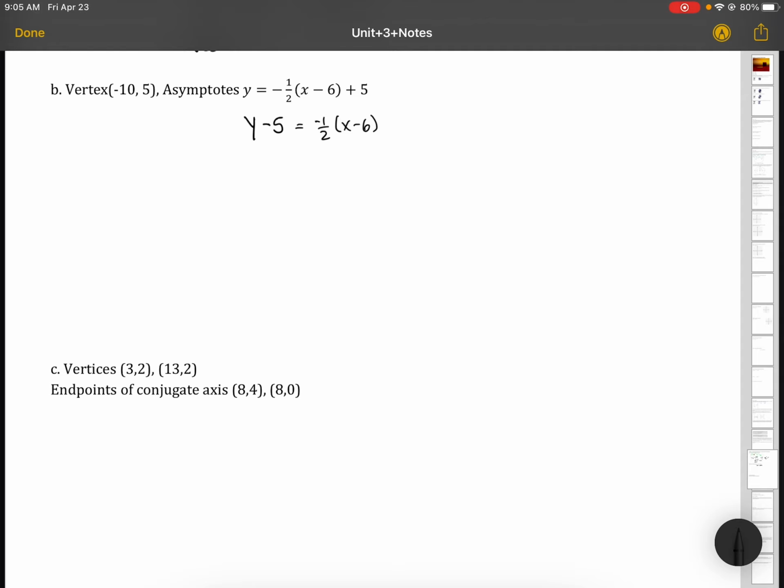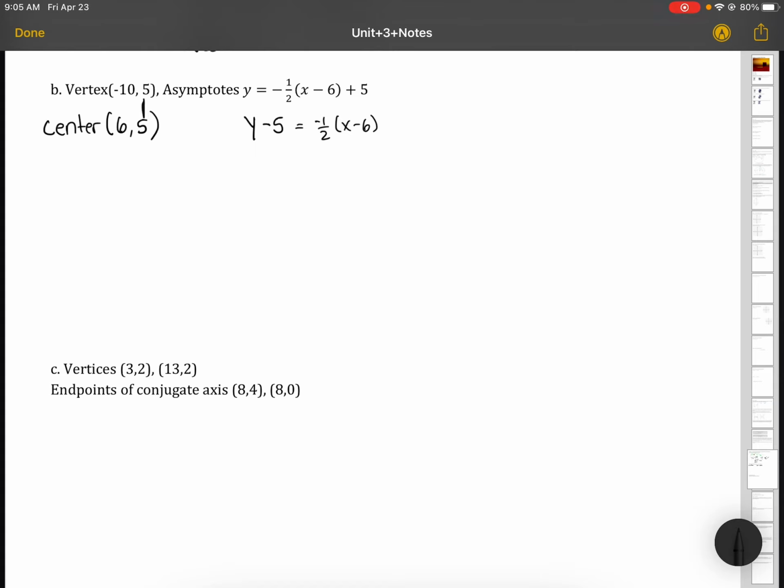Remember, the asymptotes go through the center, and so what we know from this is that the center is (6, 5). Great. And so if the center is (6, 5), then the distance from the center to one of our vertices is the a or b value.